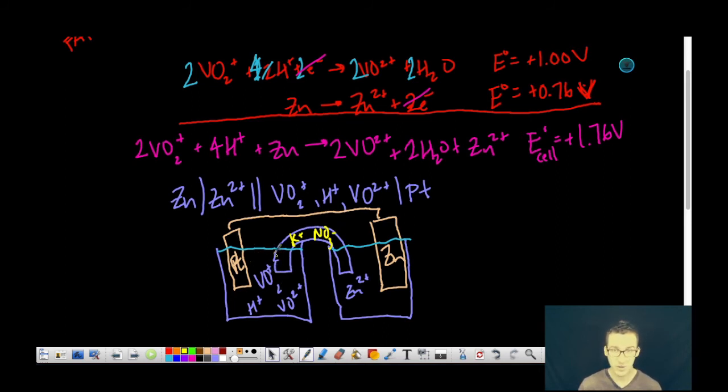The electron flow here, I switched it up on you. I put the anode over here on the right-hand side. Again, just remember Fat Cat. Electron flow is going to go from the anode to the cathode. And in this example, it's going to be reducing the vanadium with an oxidation state of +5 in the VO2+ ion to an oxidation state of +4 in the VO2+.